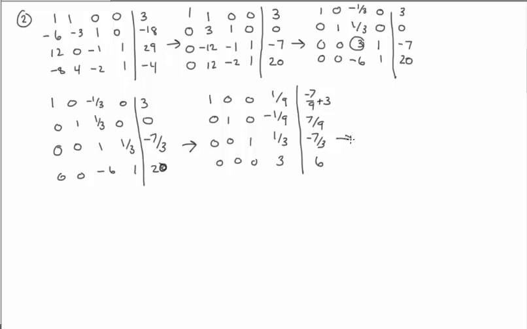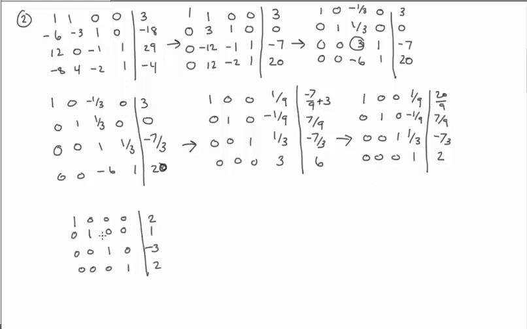You might want to press pause. Here we simplified for 1, and then second just divided by 3. And the last step here, we got rid of all these values, turning them into zeros using the method described in the video, and we have found our solution.